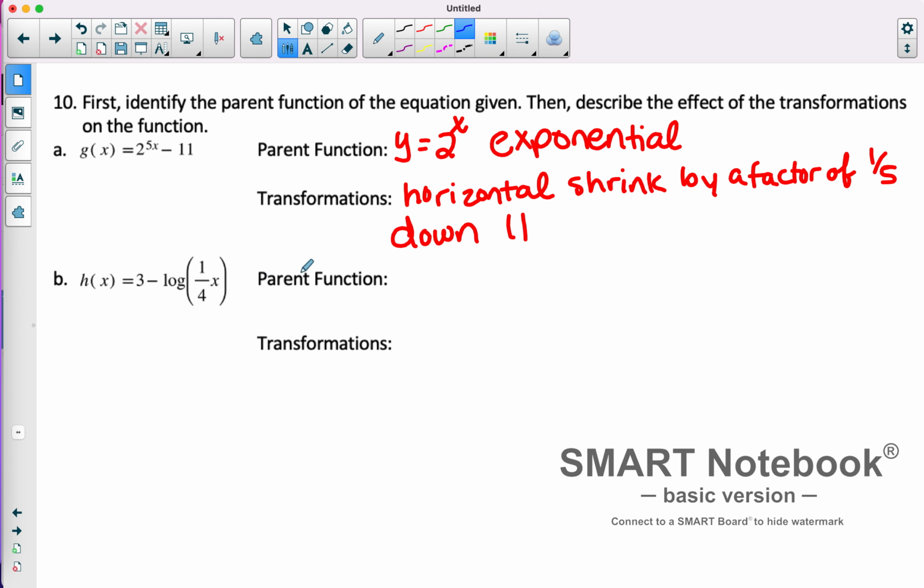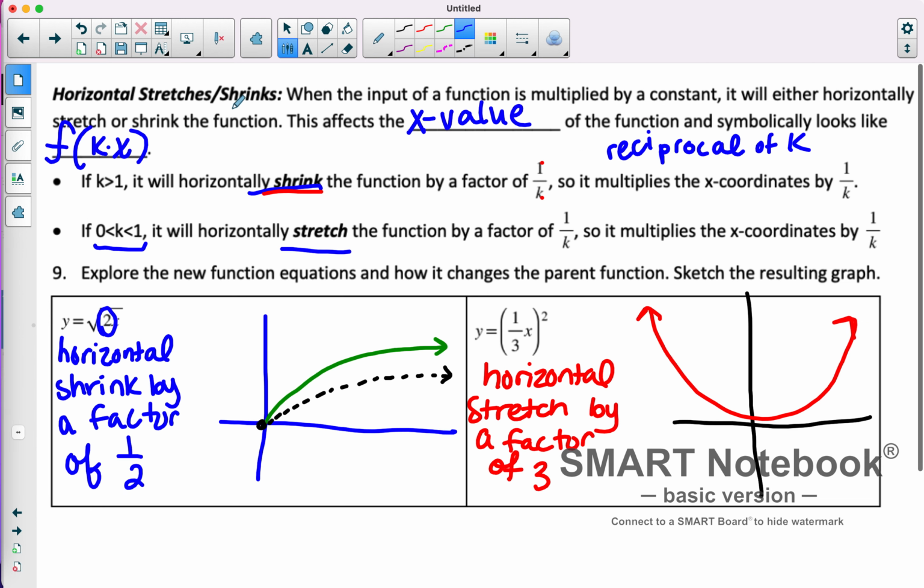And then we come to this log function. So this would be log of x, which is just a logarithmic function. But there are lots of transformations going on here. The first one, we go to our x's and see what's affecting our x's. We have a 1/4. Since it's being multiplied by a constant, it is a horizontal stretch or shrink.